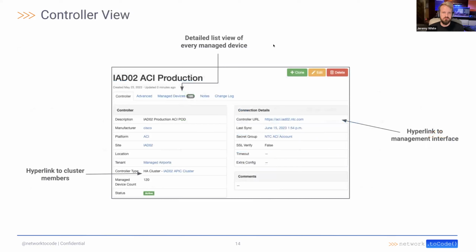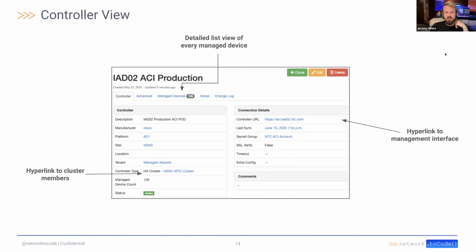As we start looking at the actual controller model, we can see that we have, like I said, the same bits of information that we would see with our normal Nautobot devices. We have manufacturer, platform, site. We can provide location data, tenant, comment, tags, and all of those normal bits and pieces that you're going to be familiar with within Nautobot.